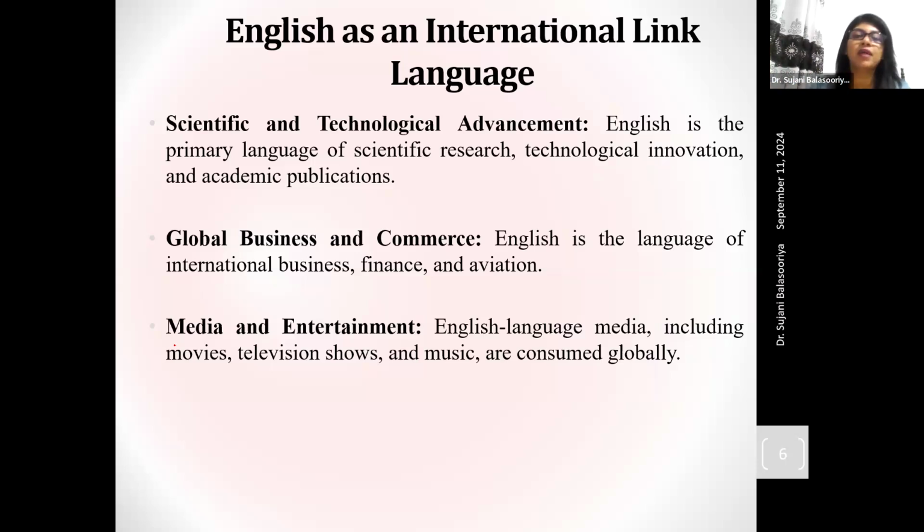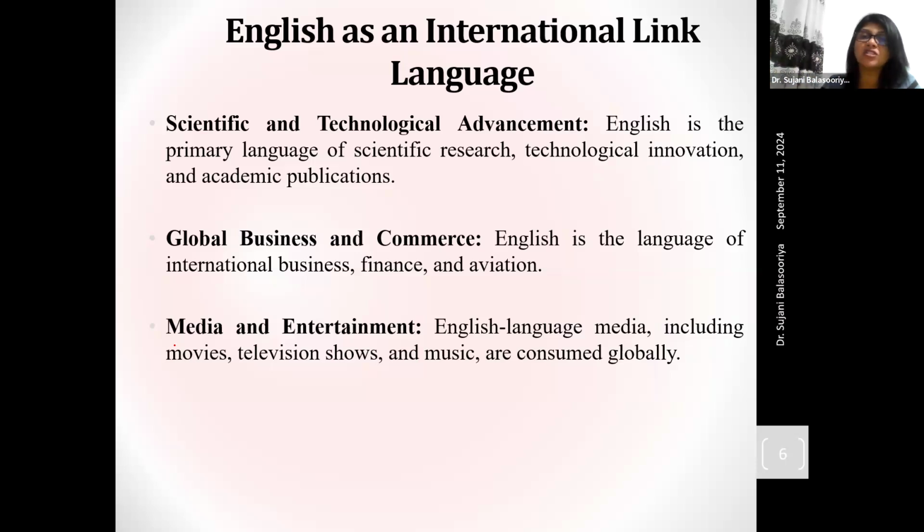Okay, now if we come back to the point here, scientific and technological advancement has made English powerful. Because when the scientists and linguists and the researchers publish their research works, academic publications and scientific research works, even technological innovation, it is via the English language.